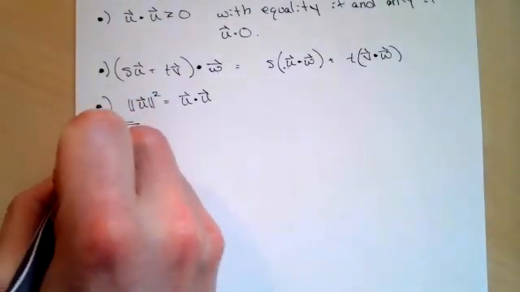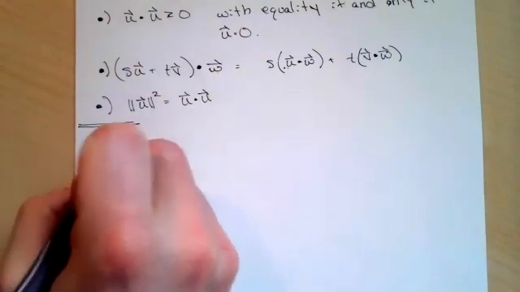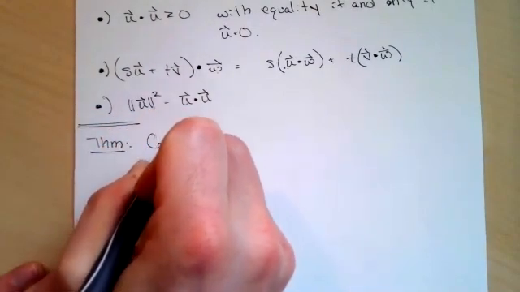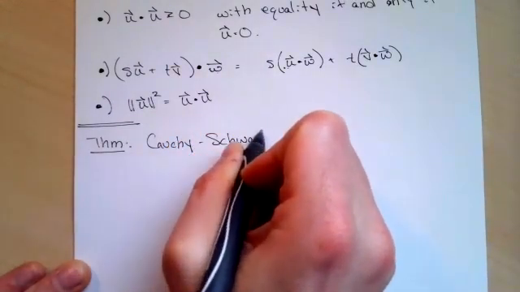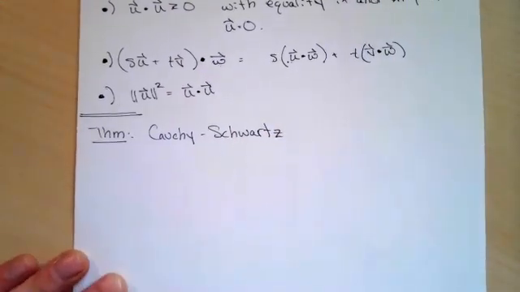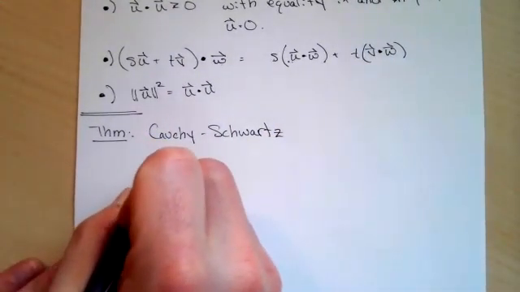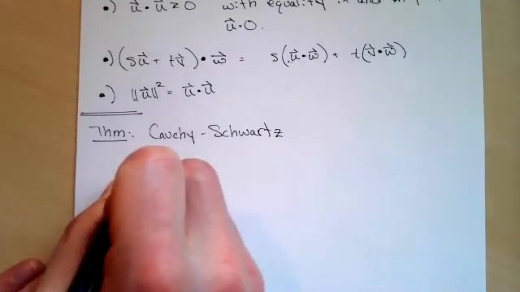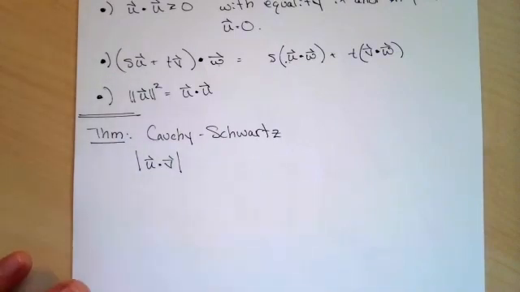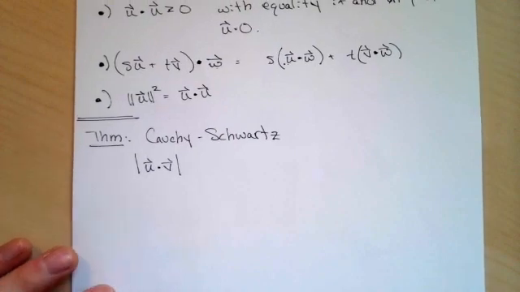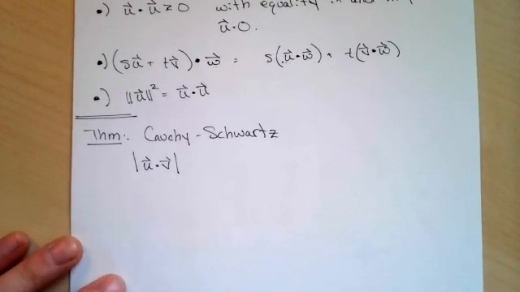So the first theorem is the Cauchy-Schwarz theorem. The Cauchy-Schwarz theorem says that if I take a dot product of two vectors and then compute the size of that, do note the notation here. A dot product is always going to give us a real number. And we'll talk about what that real number means once we finish these theorems.